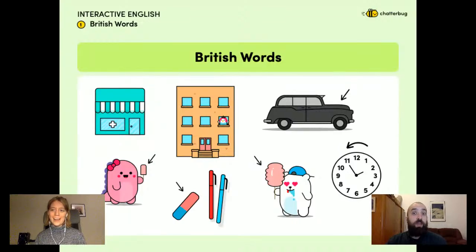It's a block. A block of flats. In American English we say the block is the concrete structure that streets go around, so it would be weird to say the block of flats on the block.